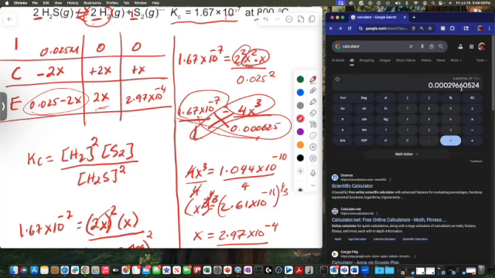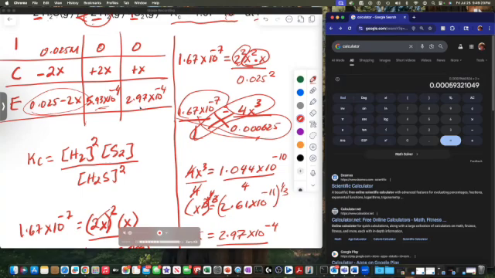And then let me double that to get the other number, times 2. And I get 5.93 times 10 power negative 4 also. Okay, let's see what we get with this one here.